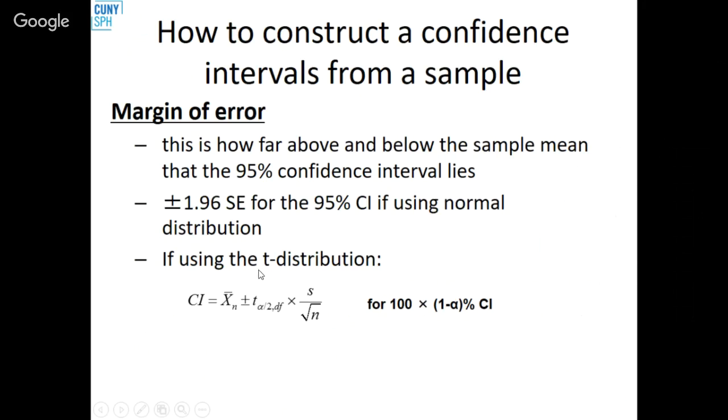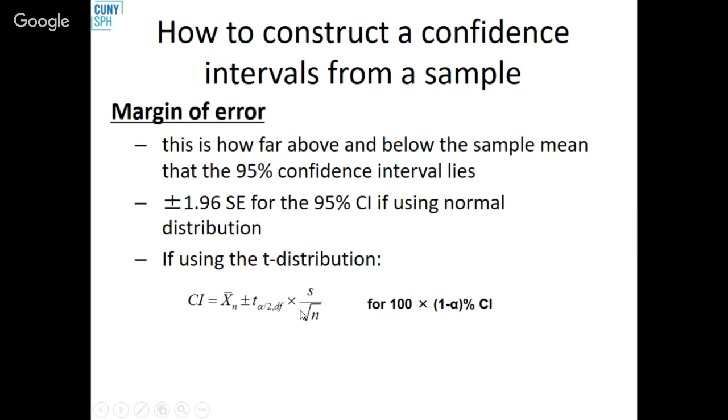Whereas if the sampling distribution is t-distributed, because we're estimating the standard deviation from the sample, then that margin of error is estimated using the critical value from the t-distribution. So this t alpha over 2 means that for a 95% confidence interval, alpha is 0.05. That gets to this equivalence with hypothesis testing that I'll be talking about.